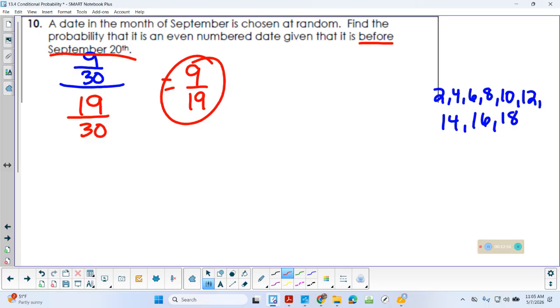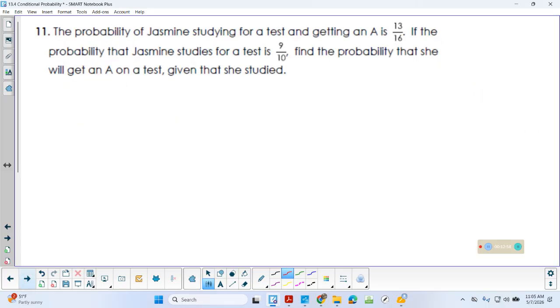Home stretch. I think the first round was the worst. The rest isn't so bad. The probability of Jasmine studying for a test and getting an A, interesting, Jasmine, is 13 out of 16. If the probability that Jasmine studies for a test is 9 out of 10, find the probability she'll get an A on the test given she's studying. So they've already done the fraction work for you. We just have to decide, is it 13/16 on top or the bottom?